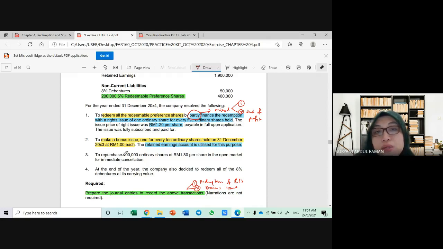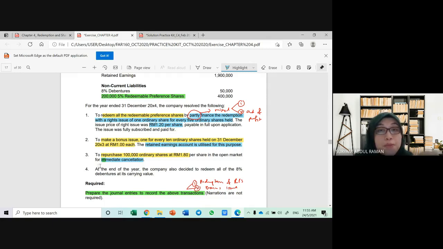The company is to repurchase, the keyword here, 100,000 ordinary shares at RM1.80 per share in the open market for immediate cancellation. So we know the next transaction is a share buyback, and the company will use the cancellation method because it is said that the company will cancel them immediately. Meaning the shares will no longer be in the business, they will be cancelled, and the cancellation needs replacement.